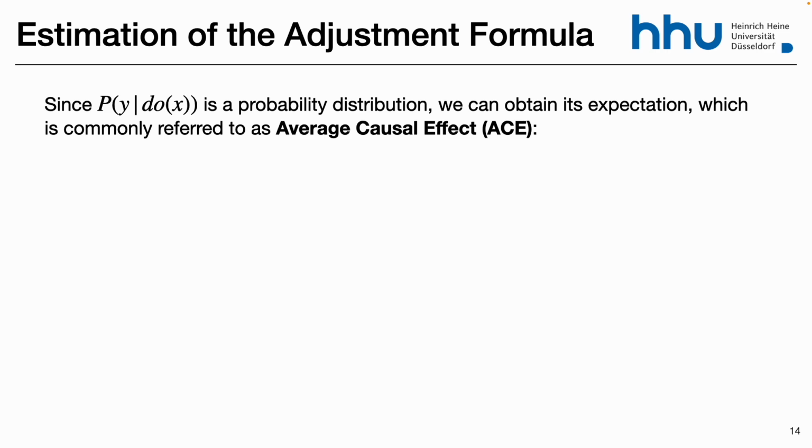We want to have some measure of this distribution, right? Unless you are working with Bayesian inference, where you actually work with the whole distribution. But most of the time, people are interested in the average causal effect, or the expectation of this distribution. So the first step is computing the expectation of this distribution.